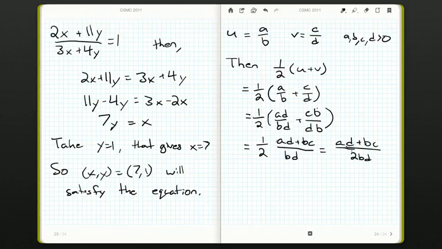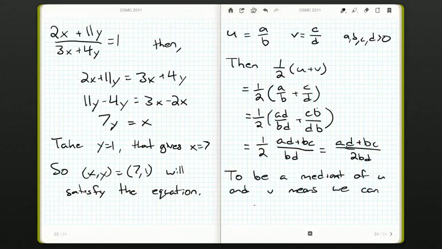Okay? So if we're going to be a mediant, well, we use sort of the equation we had before, but instead of 2/3 and 11/4, we use A over B and C over D.